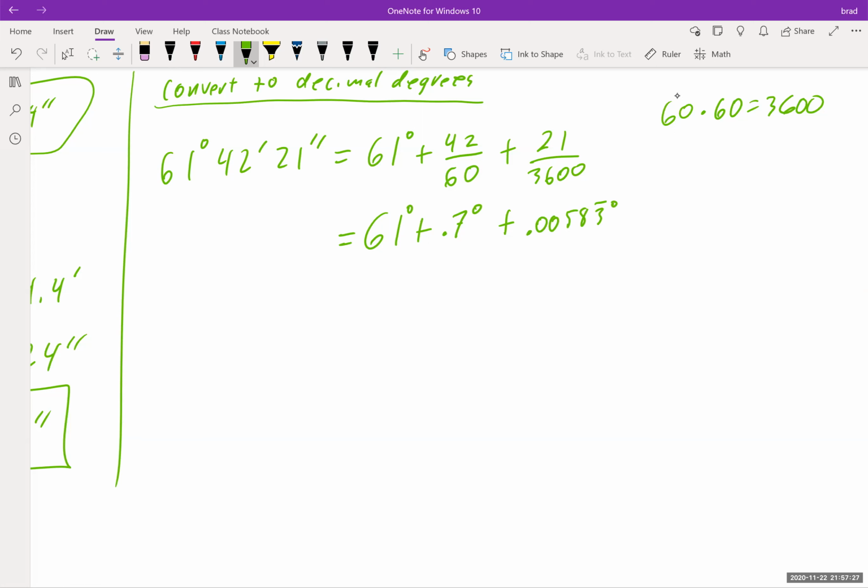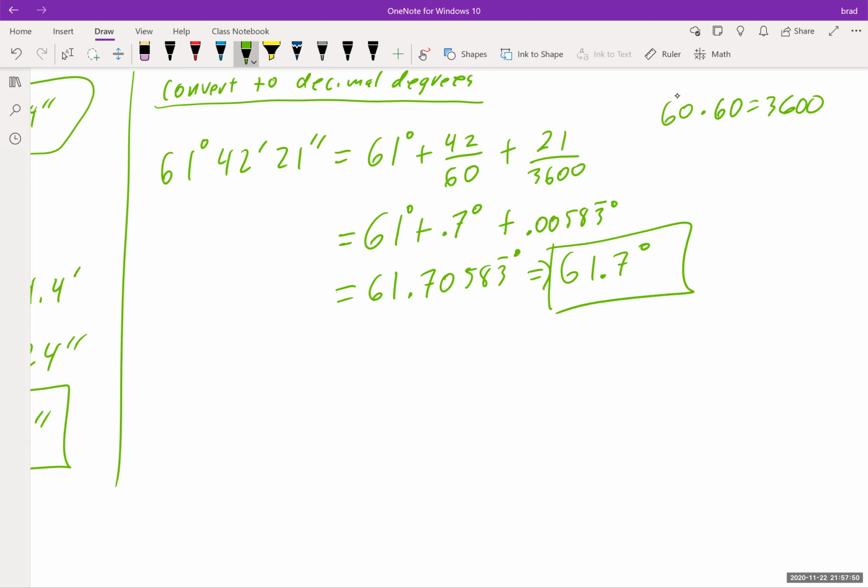So I'm just going to round, let's just say we round to 1 decimal place degrees. So this would be 61.70583 bar degrees. So I'm going to round this off to 61.7 degrees.